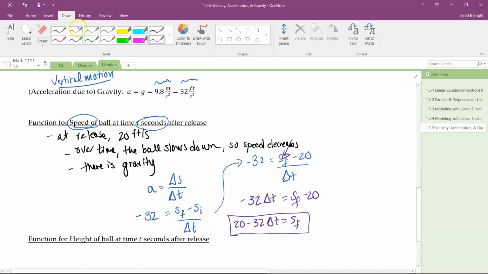Now, more generally, this actually generalizes. We can use speed or velocity. I'm just going to write it in velocity. We would say velocity can be represented as a function of time by saying you have v initial plus a t.